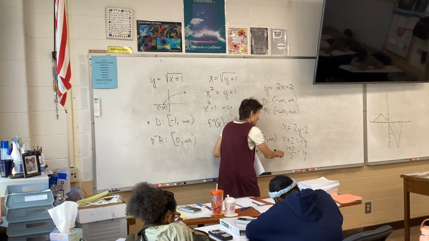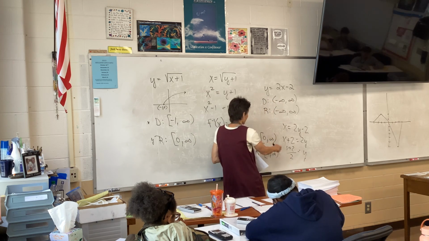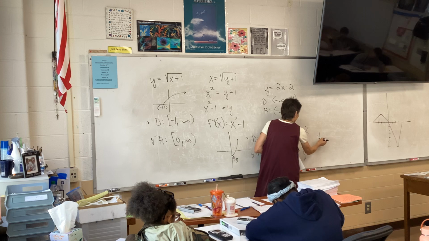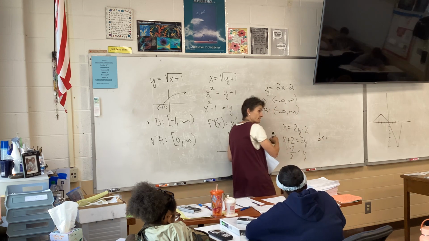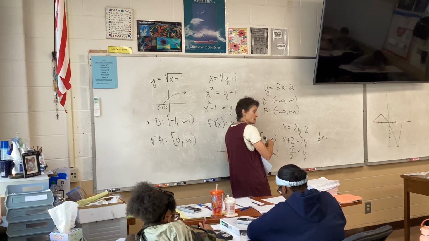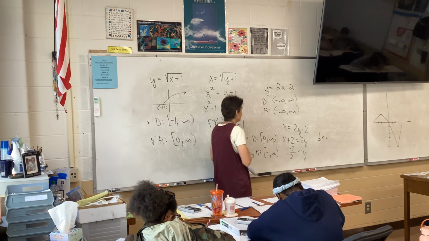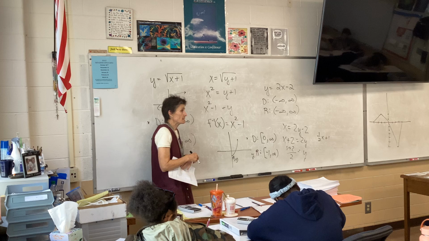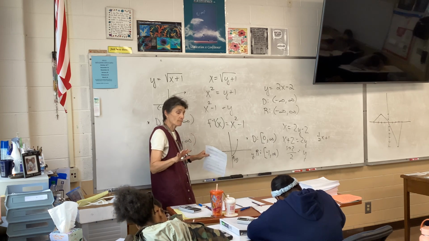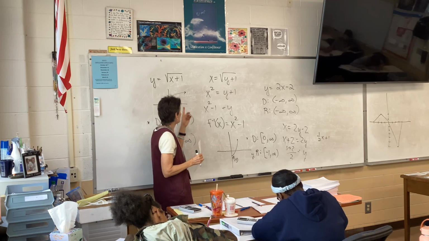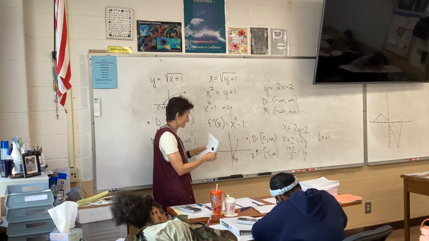Now, isn't this another line? It looks a little different, but isn't that the same as 1/2 x plus 1 if you wanted to do it that way? What's the domain and range of that? Yeah. So if it's a line, it's as easy as it can possibly be. It's when you've got these other weird shapes that it's a problem.